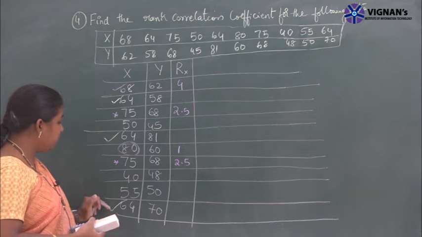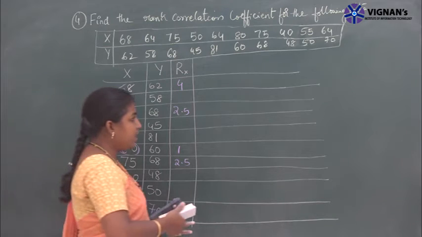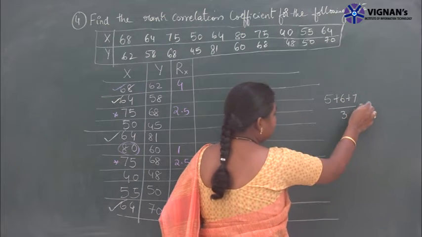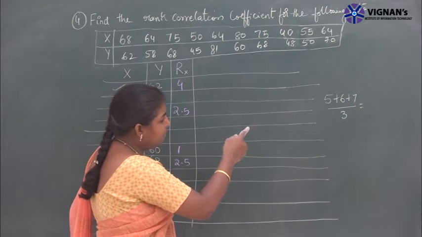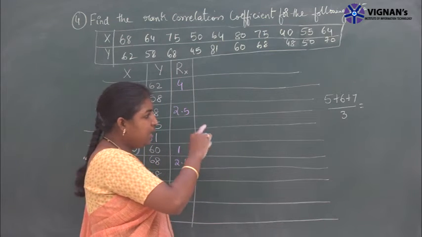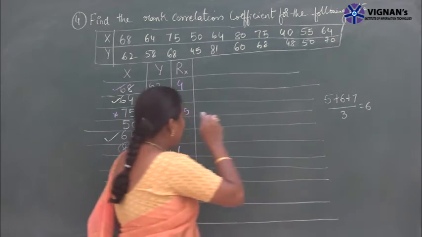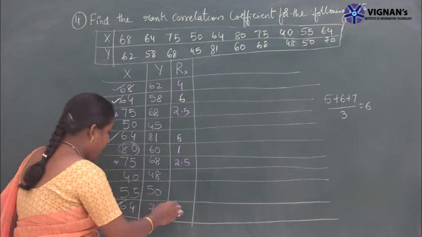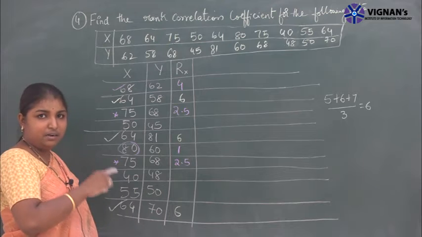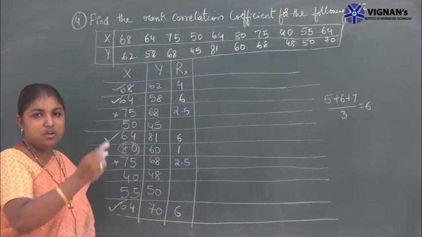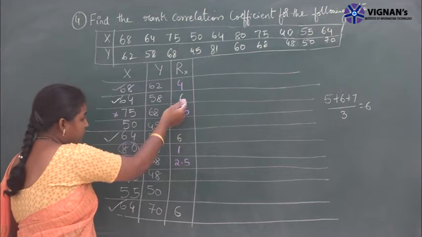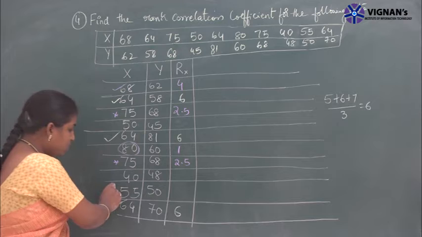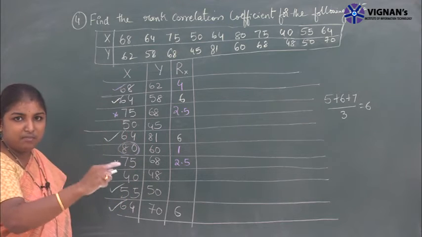So now we take the average, 5 plus 6 plus 7 by 3. 5 plus 6 is 11, 11 plus 7 is 18, 18 by 3 is equal to 6. For all the 64s we give the same rank, that is 6, 6 and 6. Repeated 3 times, we do it like this: we take the average of their places, which is substituted here, 6, 6 and 6. The next maximum is 55. After the 5th, 6th and 7th places, we have the 8th rank.